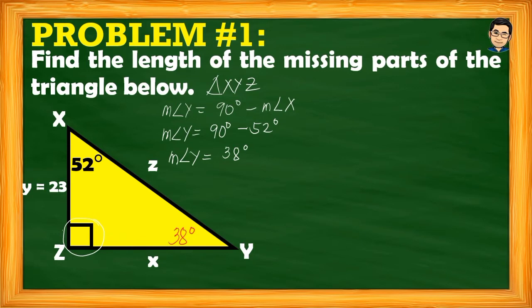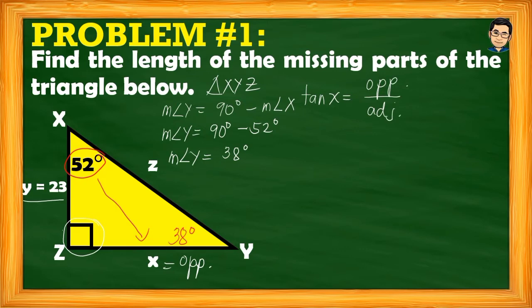Next, let's have the measure of X, our side. In order to determine the measure of X, we will use the tangent function, because the adjacent side is given. Given here is the 52 degrees, and its opposite side is X. So X will serve as the opposite side, and Y, which is equal to 23, will serve as the adjacent. The hypotenuse is Z. So let's use tangent. Tangent of an angle is equal to opposite over adjacent.